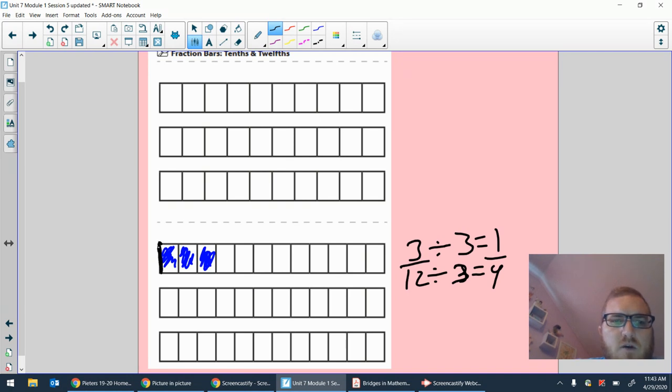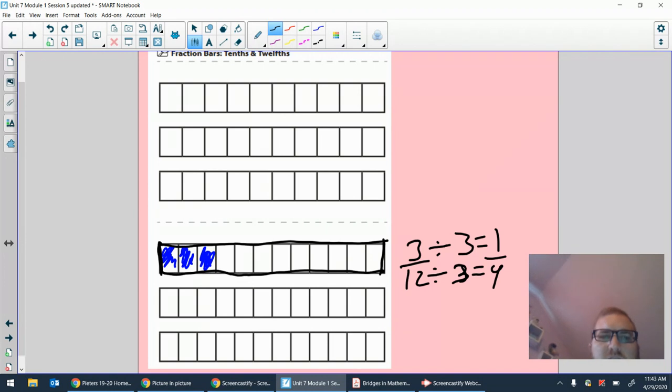If I go around my box here, and now I want to divide it into 4 equal parts, each part is going to have 3 smaller sections in it. So you can now see I've made 4 sections there, and 1 is colored in. So 1 out of 4, or 1/4. So you can go both ways with finding equivalent fractions.